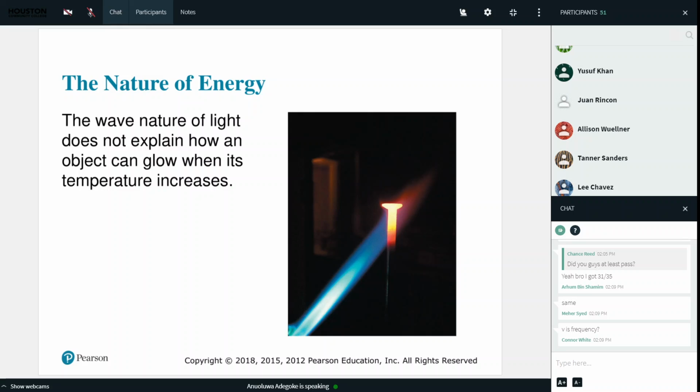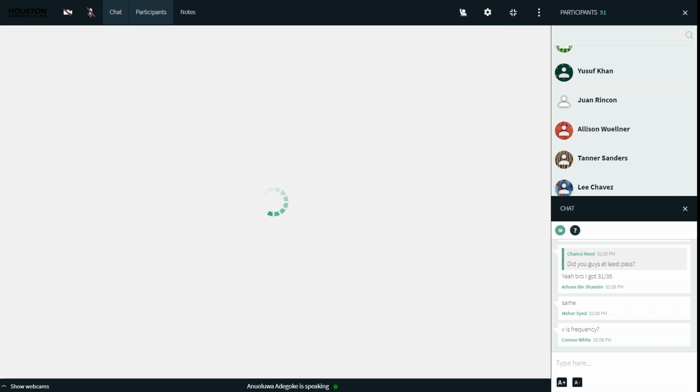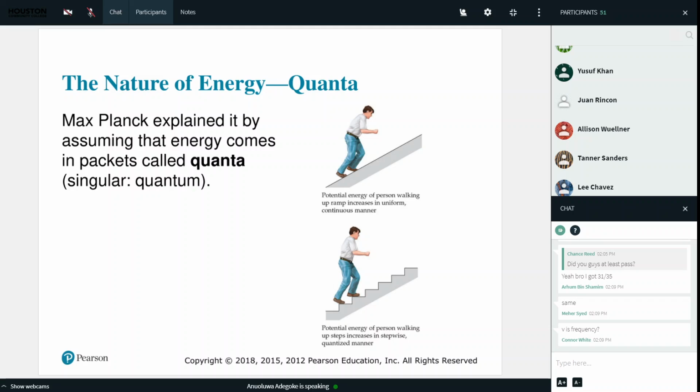So we look at the nature of energy. The wave nature of light does not explain how an object can glow. We're going to look at why some objects glow in different colors, and the reason will be explained mathematically using theories proposed by some scientists. Max Planck helped us understand that energy comes in packets, which we call quanta.